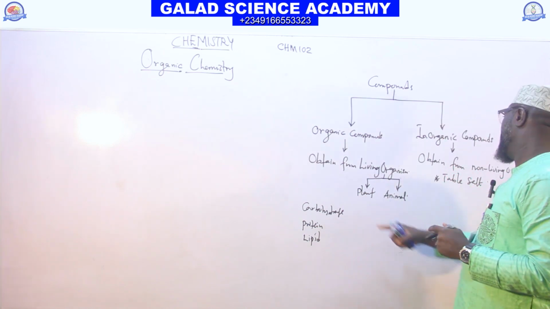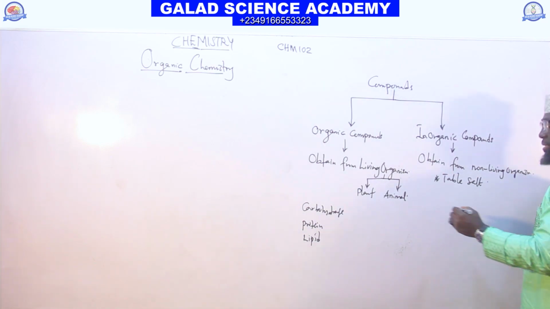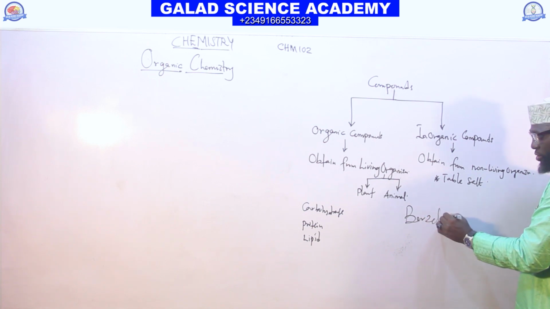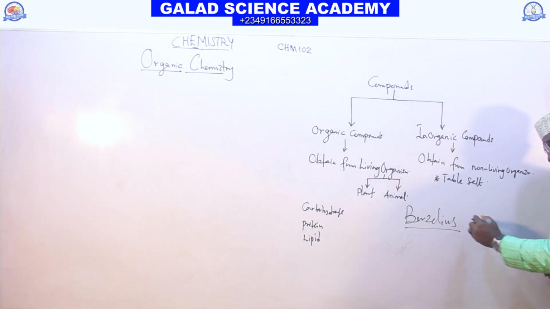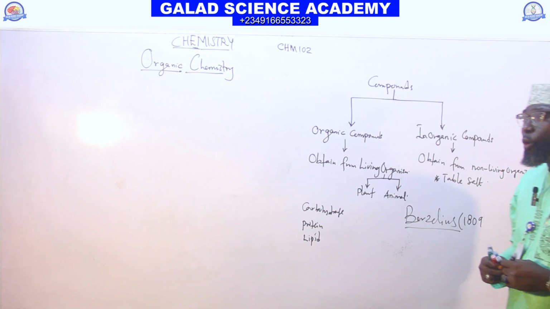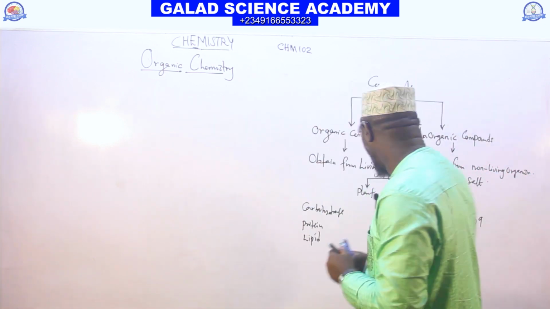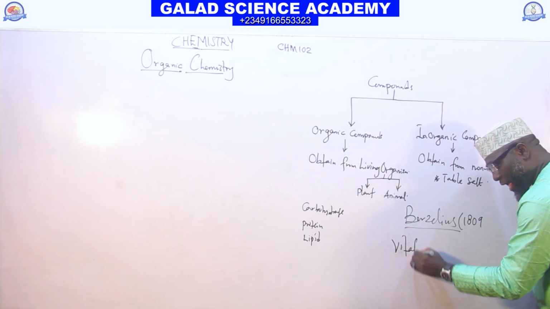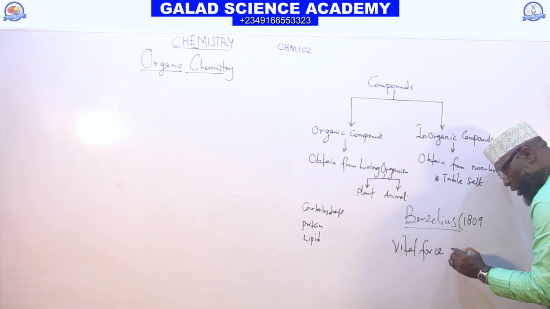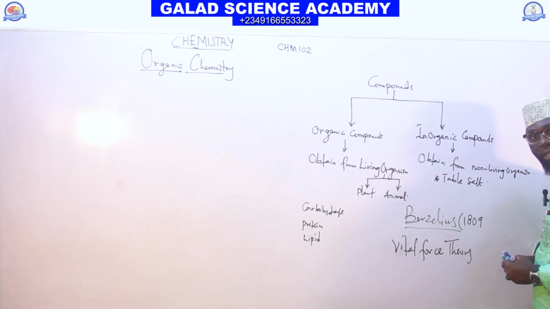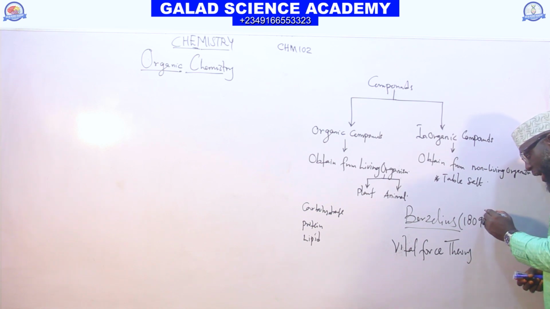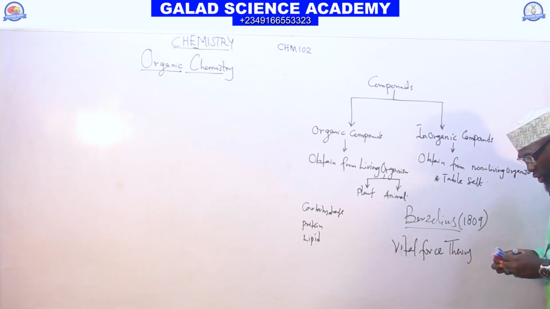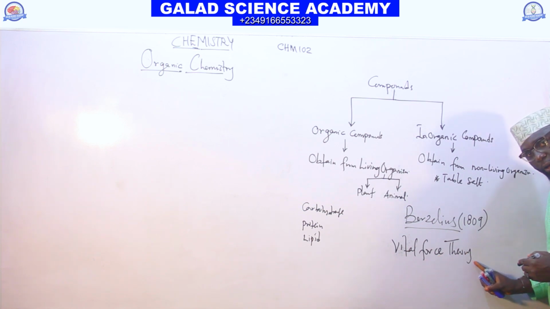His name is Berzelius. Berzelius came in 1809 with a particular theory called the vital force theory.